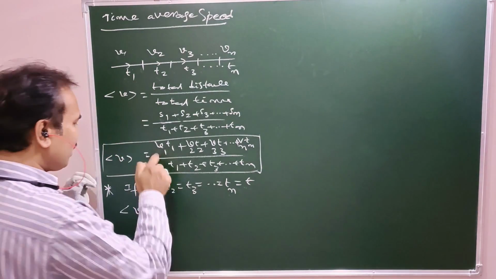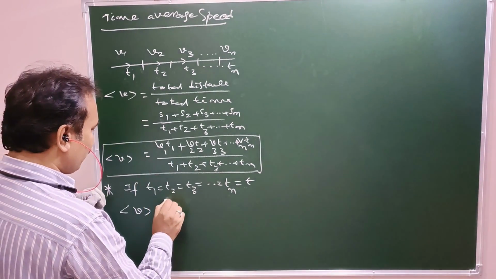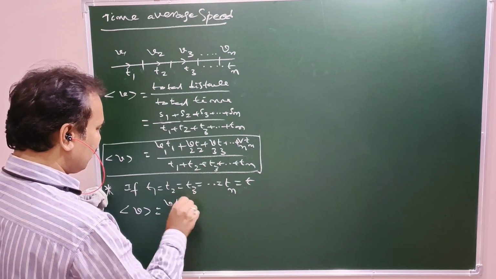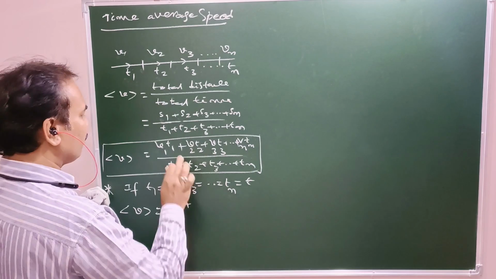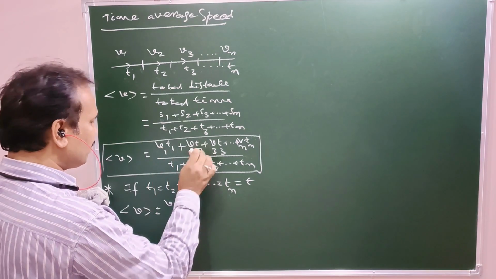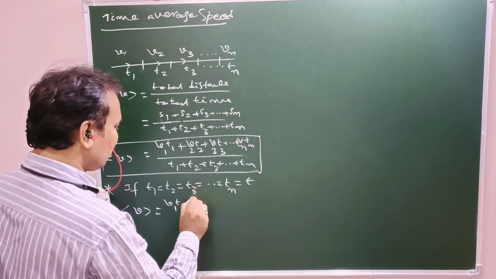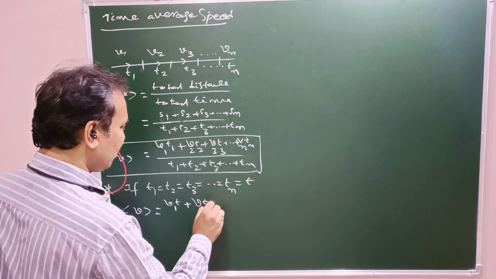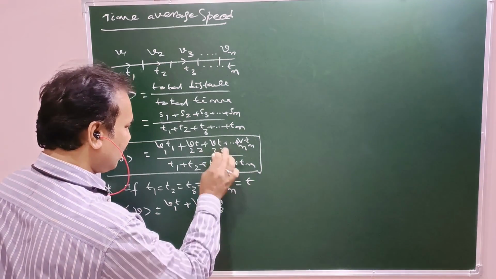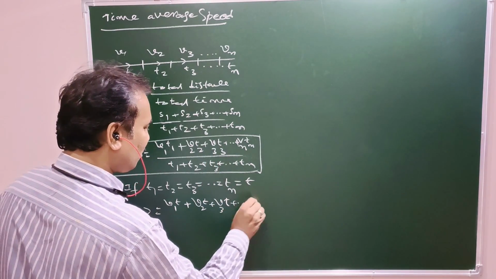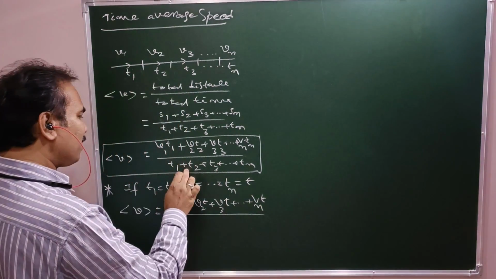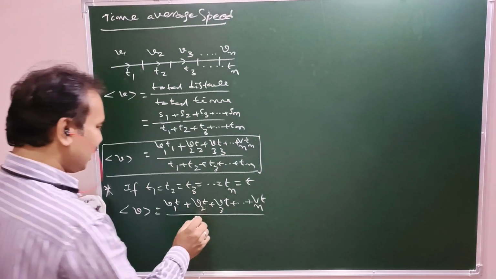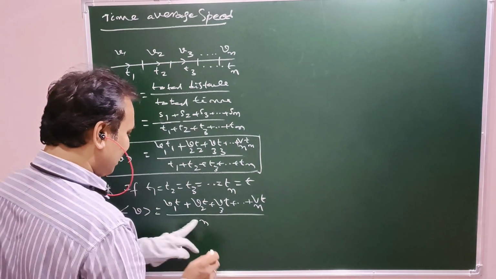The numerator is V1 into t plus V2 into t plus V3 into t plus up to Vn into t, divided by n times t.